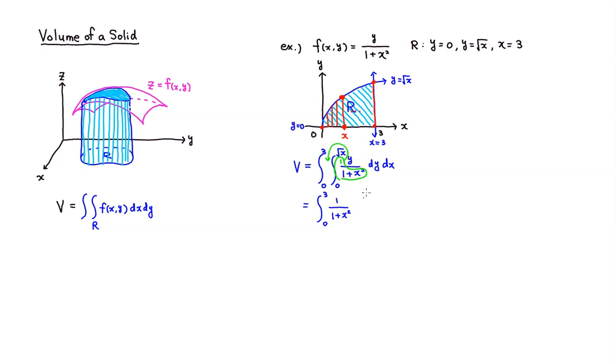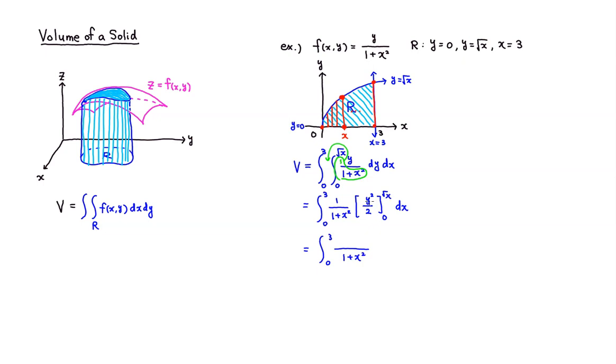The antiderivative of y with respect to y is y squared over 2, and y is going from 0 to square root of x. Then we still have to integrate with respect to x, from 0 to 3, with 1 plus x squared on the bottom.